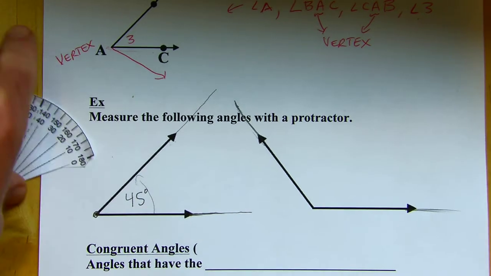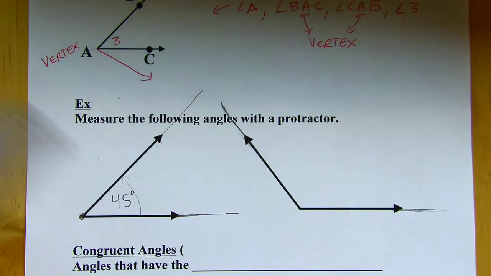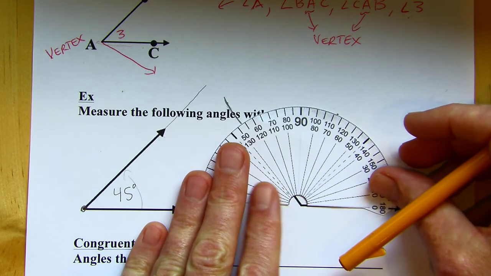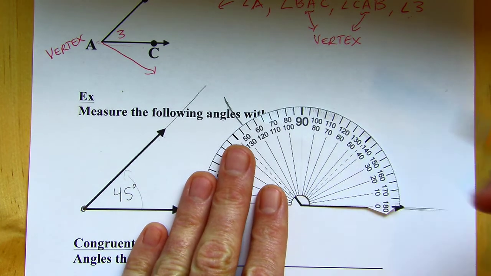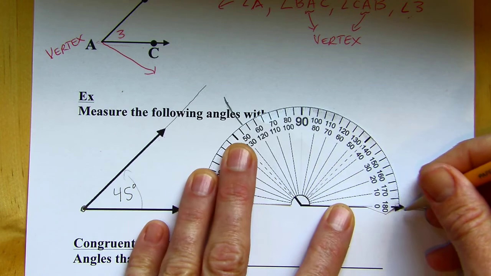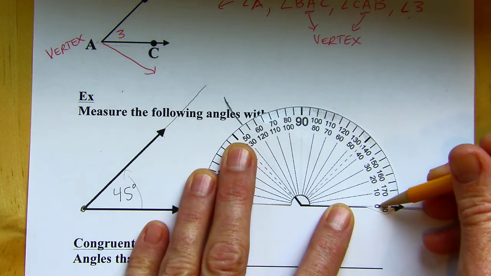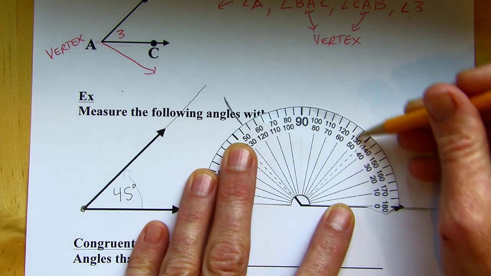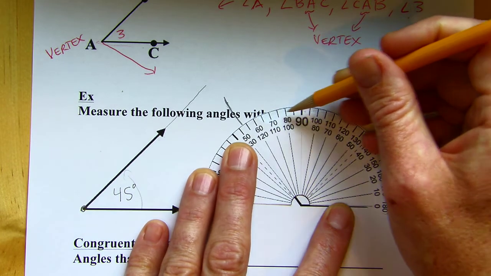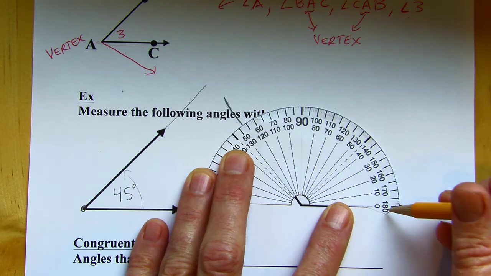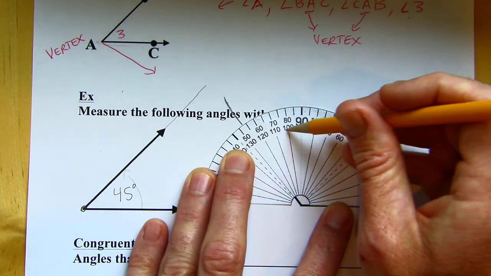And then so same kind of thing over here with the second angle. I'm going to set it up like so. And then I'm thinking, okay, this is where my angle is starting, where the straight part that my protractor sat along. So I want to start with the 0, 10, 20, 30, 40, 50, 60, 70. It's more than 90, right? And so I'm using the inside set of numbers here again.